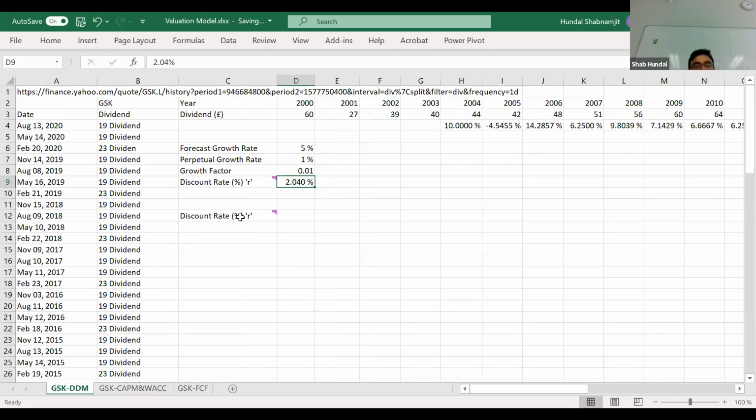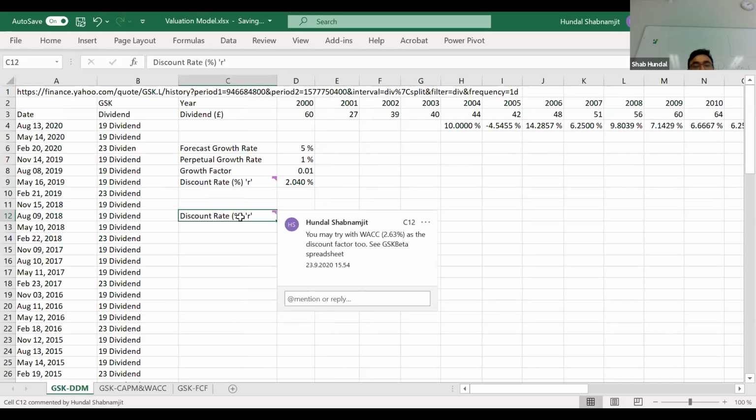And here I write a note that you may try this calculation with the WACC discount rate also, instead of the CAPM return on equity. So you can also try with this. I left this open for you. The question is, when and why should we use CAPM return as a discount rate or WACC as a discount rate?